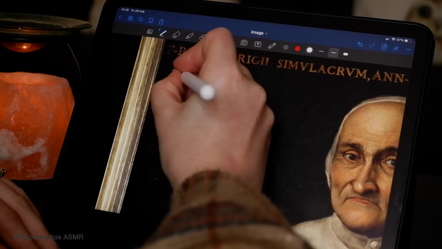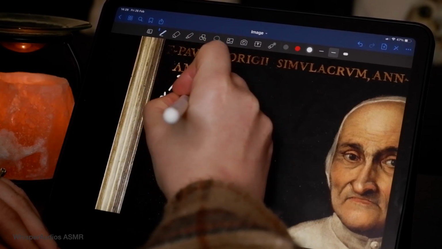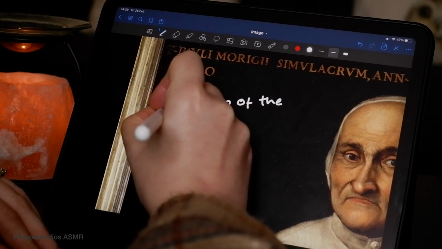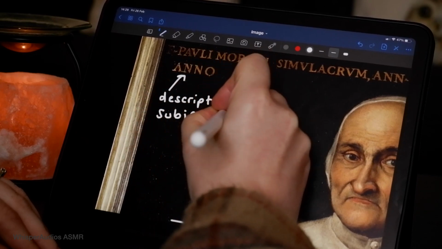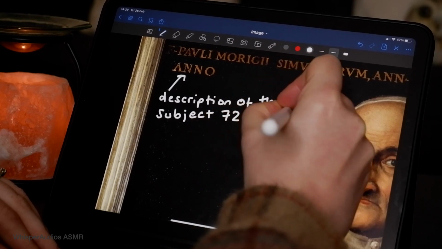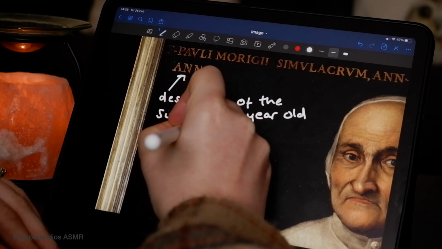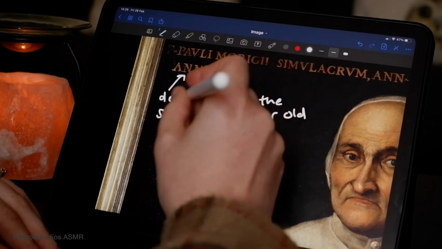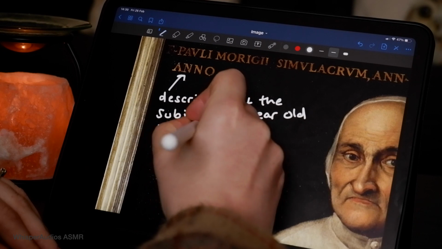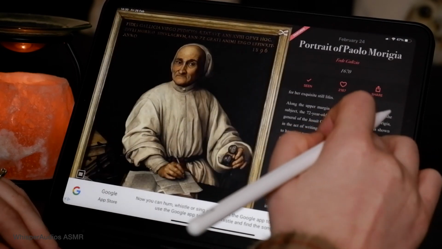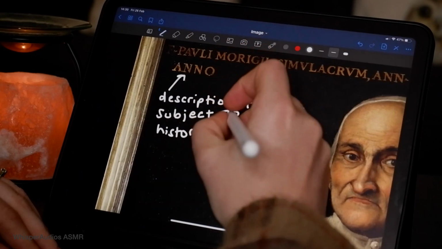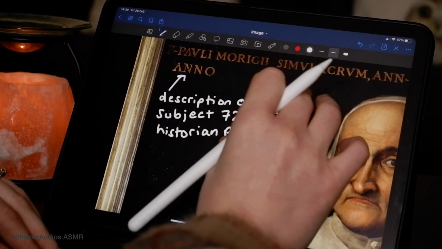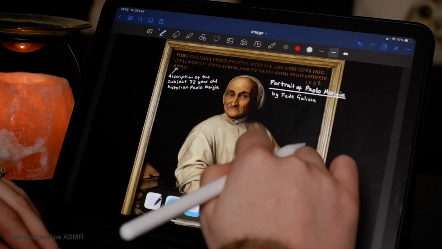So this is a description of the subject: 72-year-old historian Paulo Morriga. He was 72. Okay. So that's that.